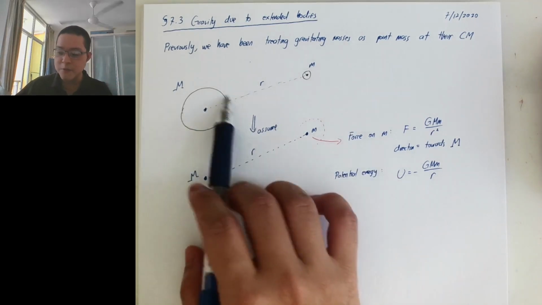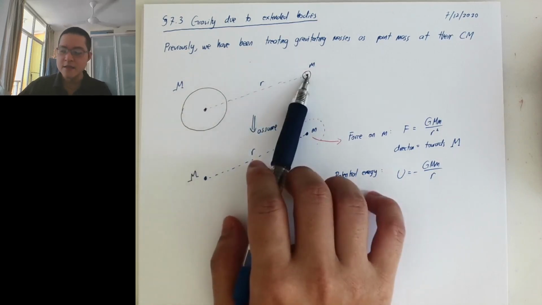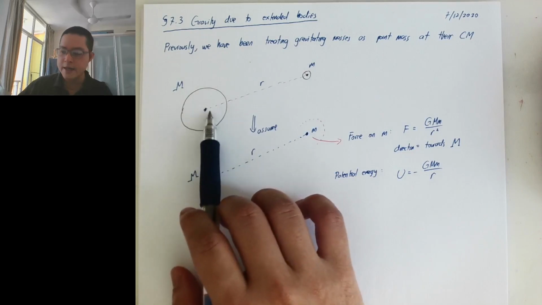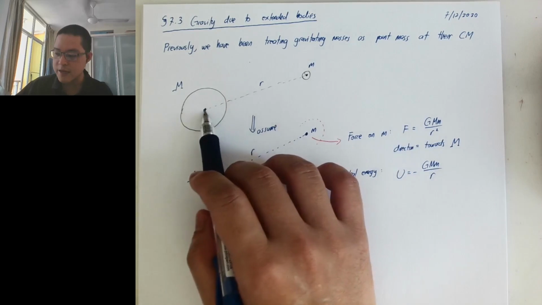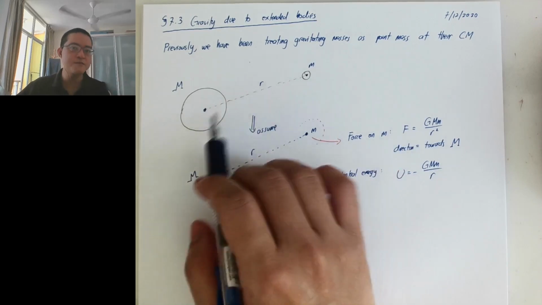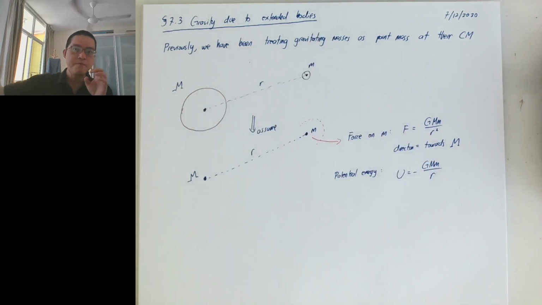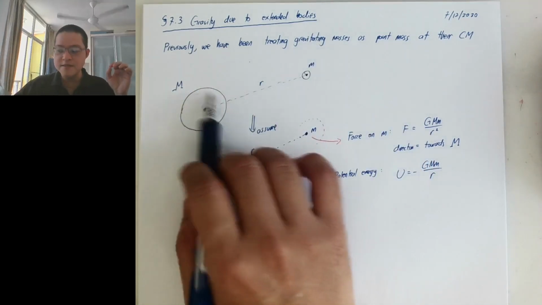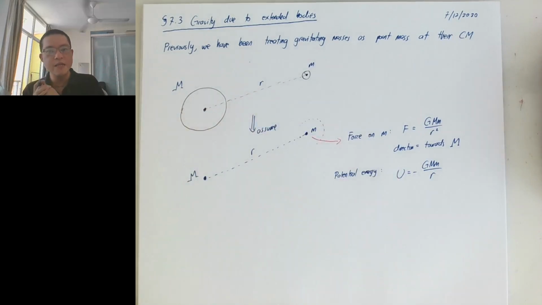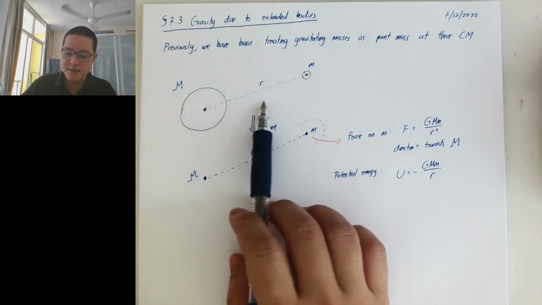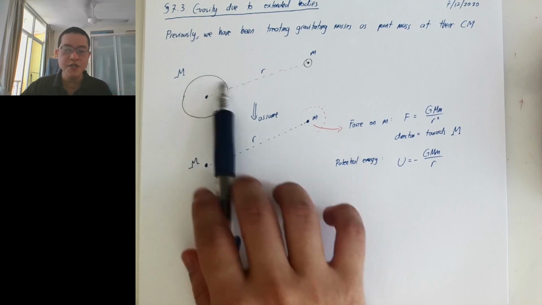So usually when we talk about a satellite orbiting the Earth, or Earth orbiting the Sun, or some planet orbiting another planet, then when we calculate Newton's force, GMm over r squared, the r should actually be the distance between the centers of mass. Although when distances are very, very far away, the size is very small compared to r, so it's pretty much approximately the same. In other words, we have been ignoring the shape and size of the object.